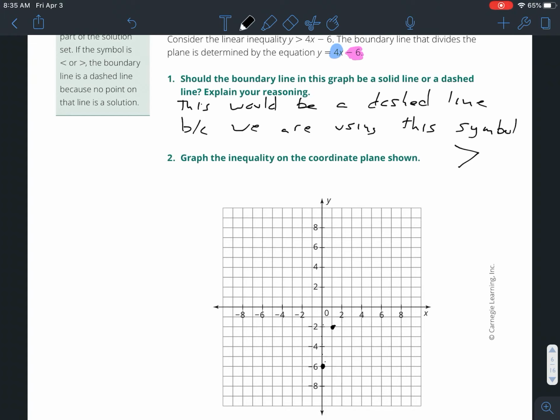We go up 4, over 1, which is 2, 2. Up 4, over 1, 3, 6. There's our vertical line there. Now we got to go down on the left side. Over 1, down 1, 2, 3, 4, and there's our spot.